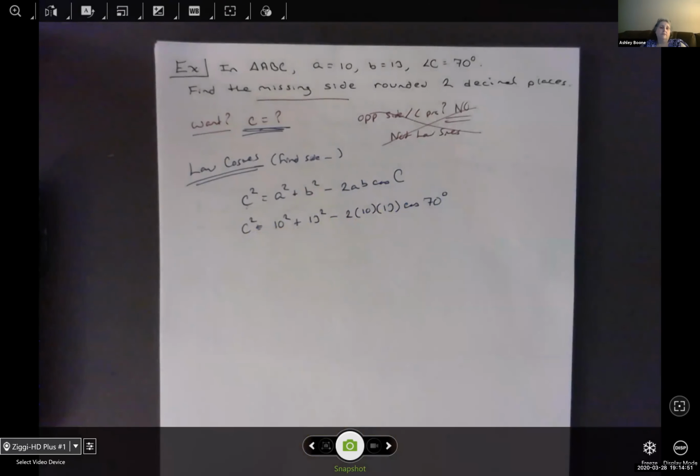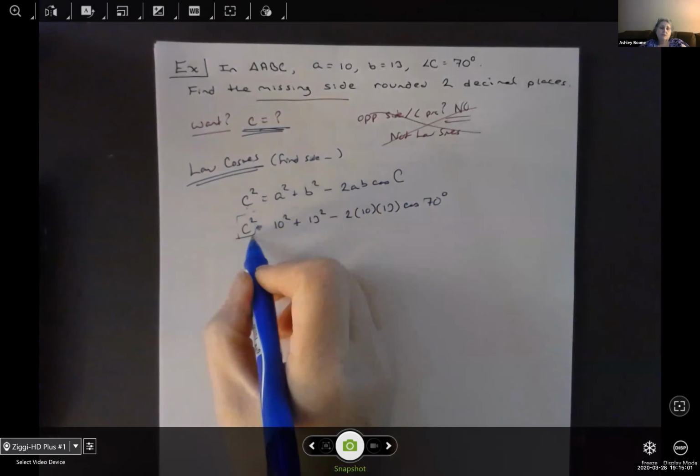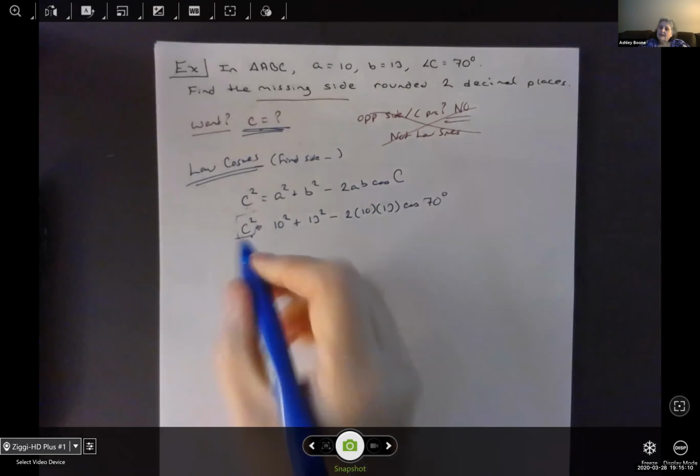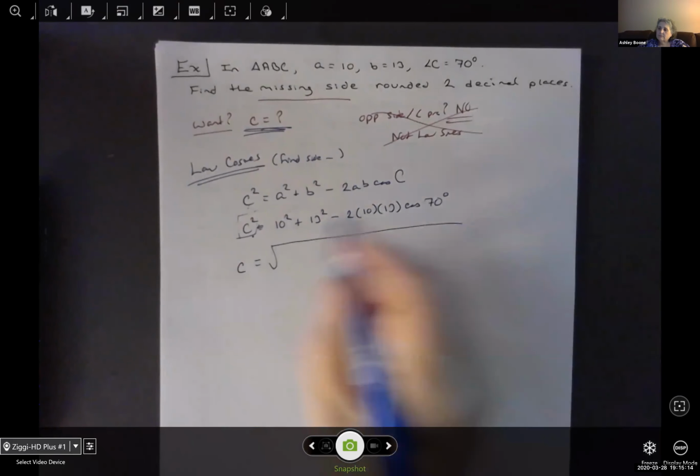So we have all of this. We're solving for side C. We have C squared equals. When we're solving triangles, you're not going to have negative sides, so we don't have to worry about a negative here. C is going to be the square root of this whole big old mess.